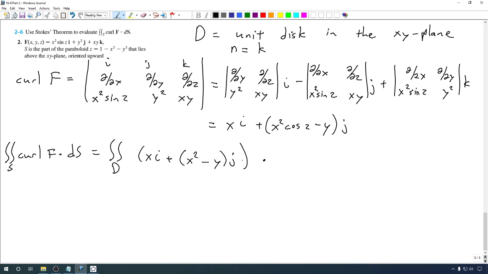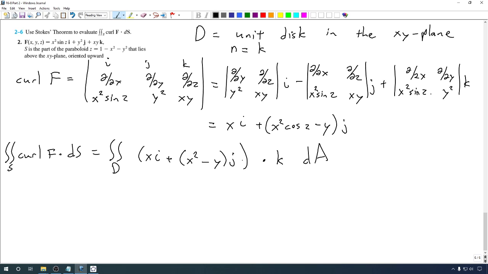This vector is going to be dotted with our normal vector k, and then we'd integrate it over this disk, which we'd probably use polar coordinates for in general.